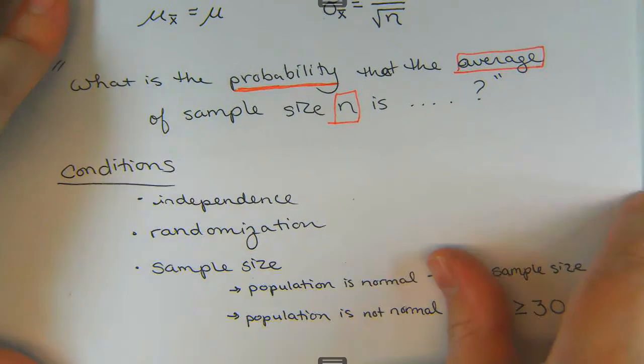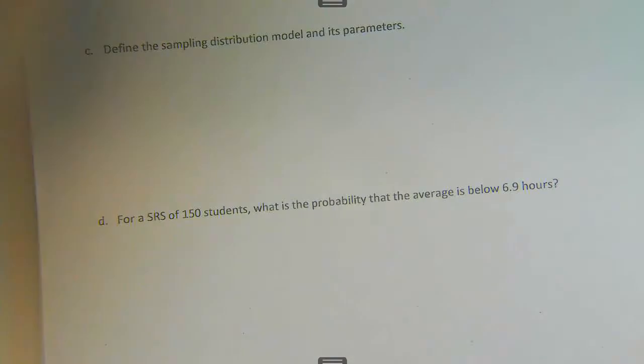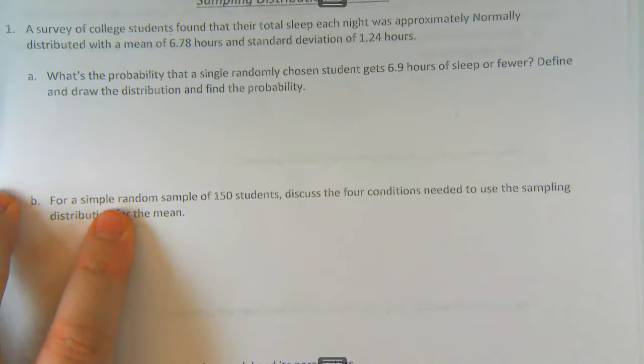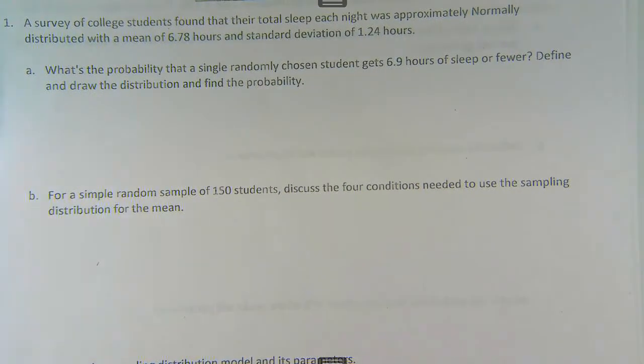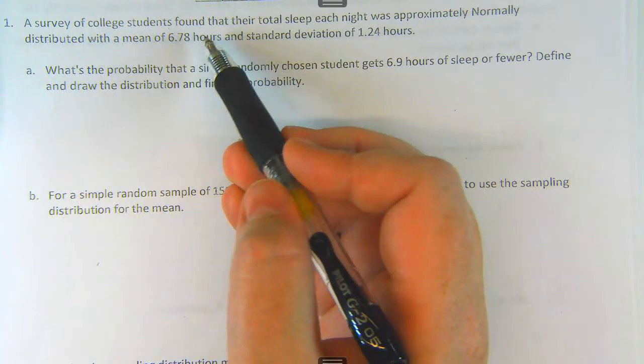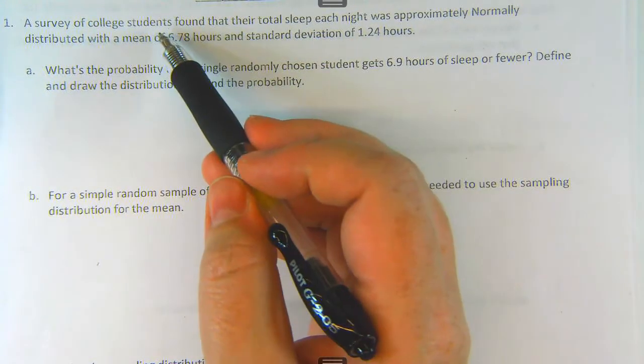So let's go through this example together. We have here a survey of students. They collected their sleep habits, and then they found the mean is 6.78 hours, standard deviation of 1.24 hours. So we're assuming they talked to all college students here since they're not describing any sort of sample size.